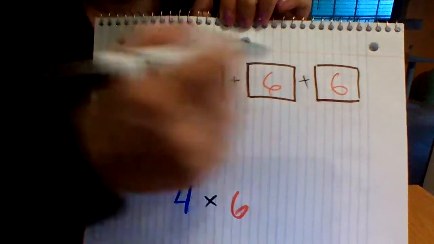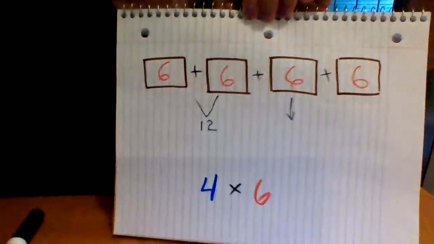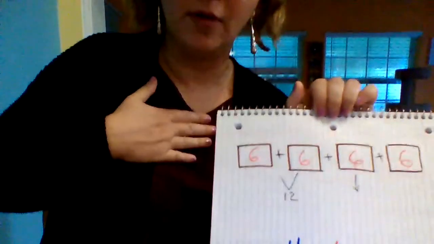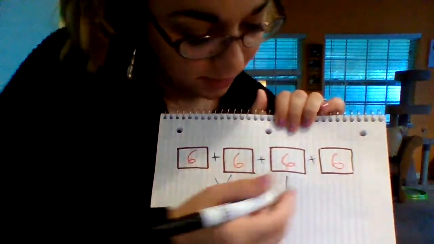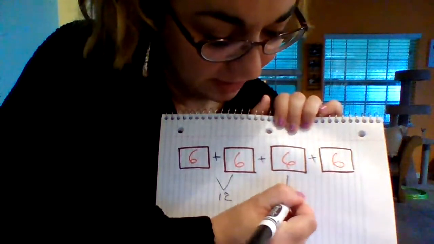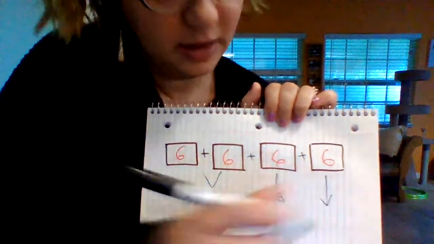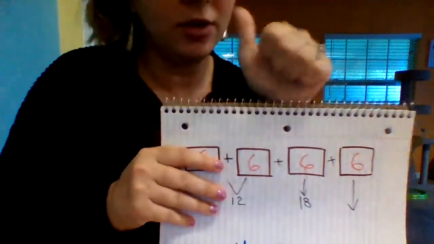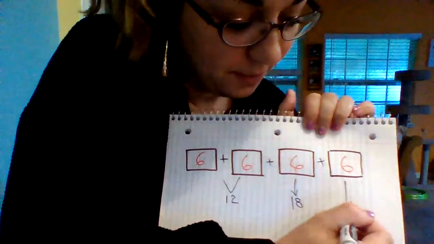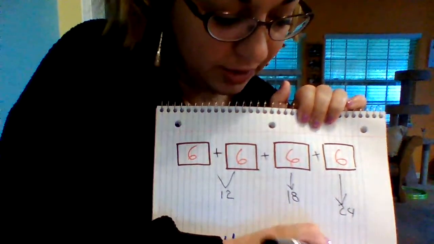And then we add 6 more. 12 plus 6 would be, you can use your fingers if you need to, 12, 13, 14, 15, 16, 17, 18. 12 plus 6 is 18. And 18 plus 6, 18, 19, 20, 21, 22, 23, 24. Okay, 4 times 6 is 24.